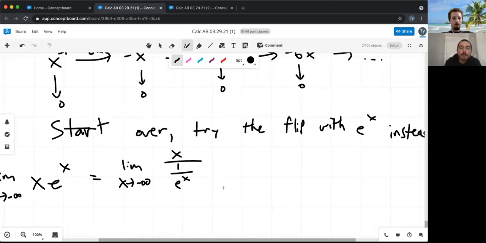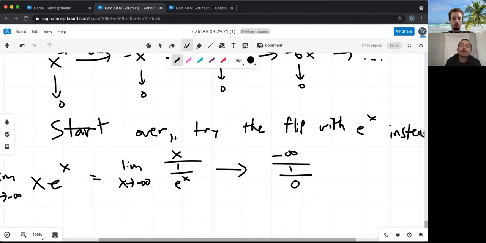Okay. When we do direct evaluation, we get negative infinity on top. And 1 divided by e to the negative infinity gives us 0. Okay, so that's not quite going to work.